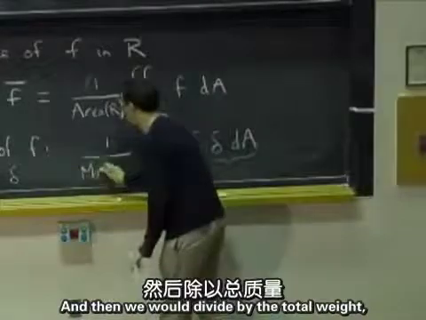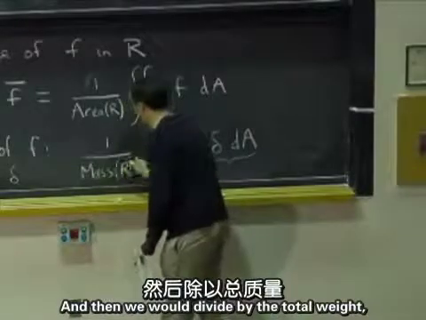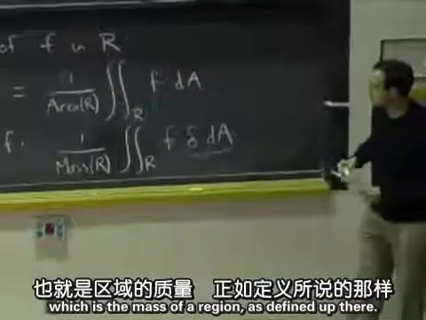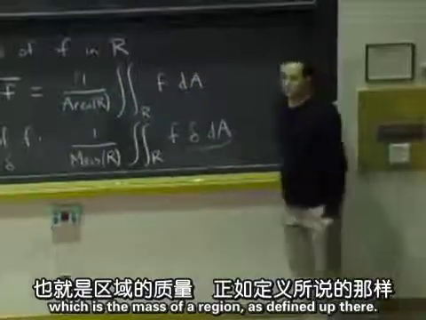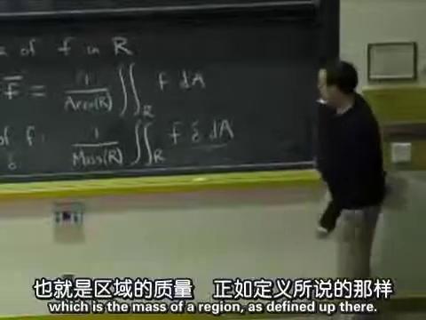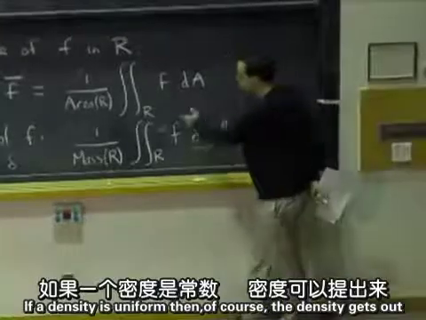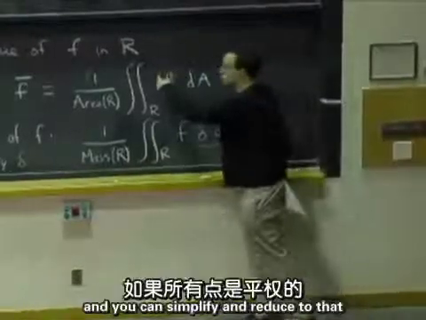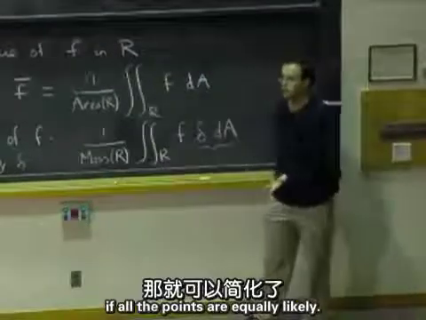And then we would divide by the total weight, which is the mass of the region. So as defined up there. Okay? So, if the density is uniform, then of course the density gets out and you can simplify and reduce to that if all the points are equally likely.